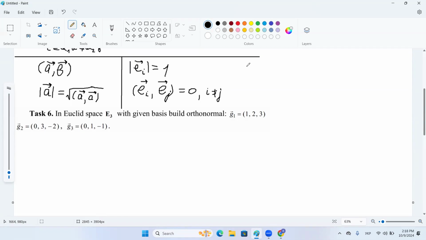So that means that they are orthogonal, and if vectors are orthogonal, their scalar product is 0. This is the basis of orthogonal and unit vectors. So both orthogonal, both unit. Who knows how to solve? Firstly, we need to build an orthogonal basis.